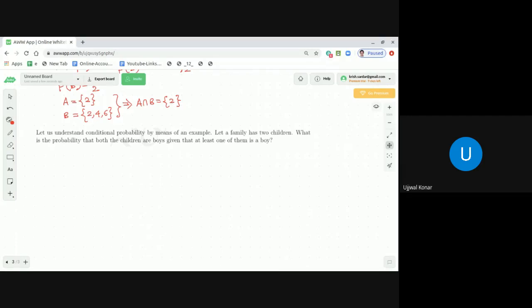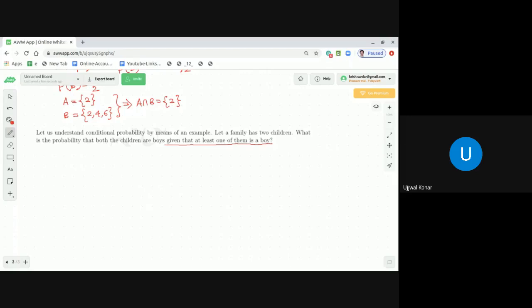You see, dear students, the moment this statement is there, given that at least one of them is a boy, that leads you to think that this is a problem where I need to apply the conditional probability concept. If the question is what is the probability that both the children are boys, that is a completely different question.